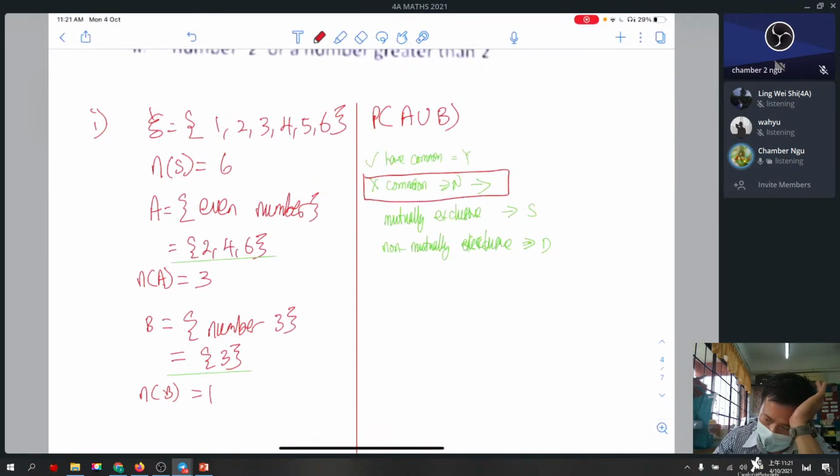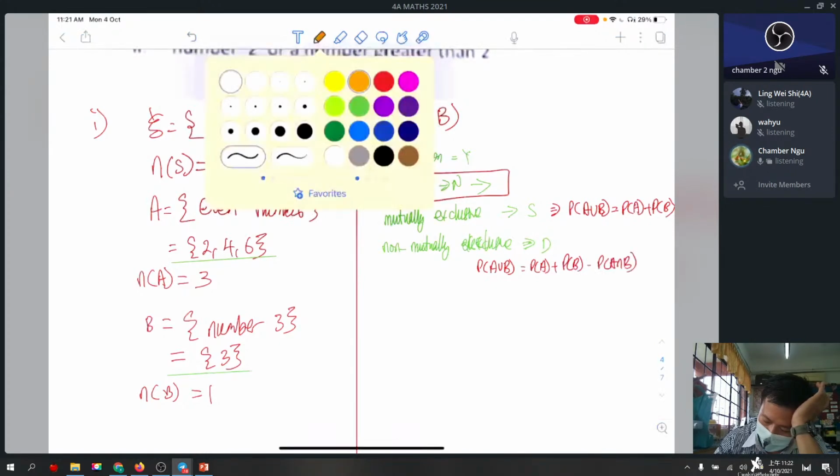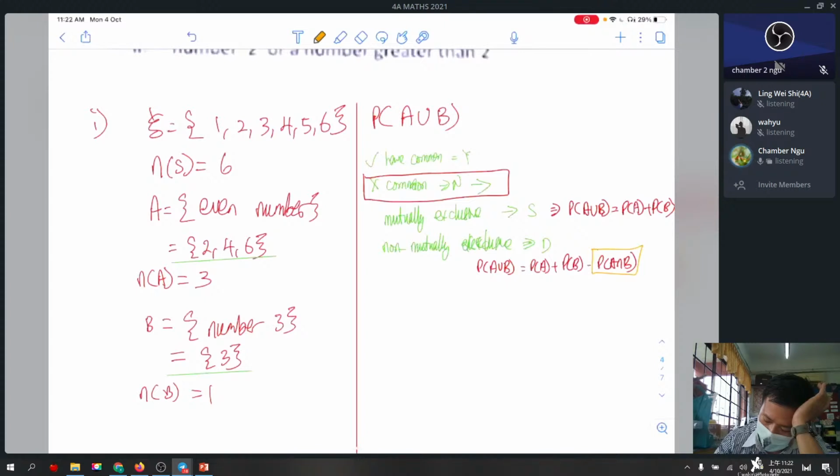If we don't have the common element, it is mutually exclusive, because A union B is A plus B. If not mutually exclusive, A union B will be A plus B minus A intersect B. With this, intersect means we have common element.